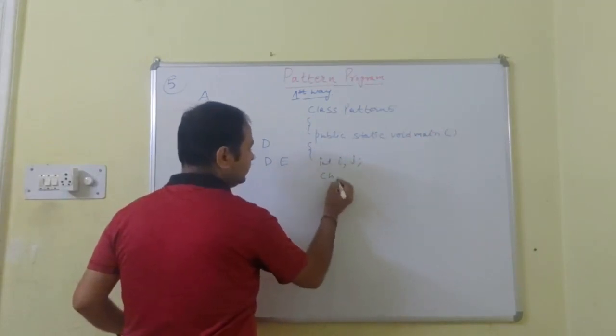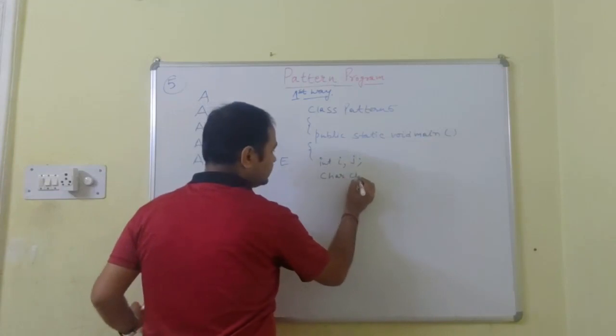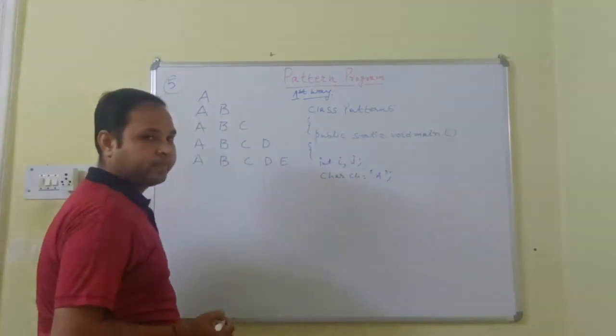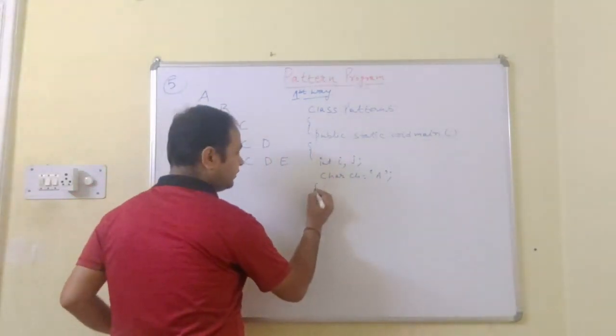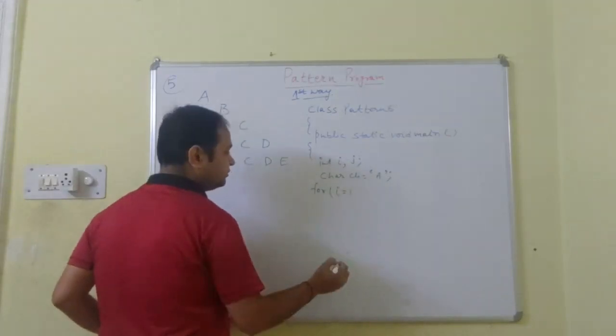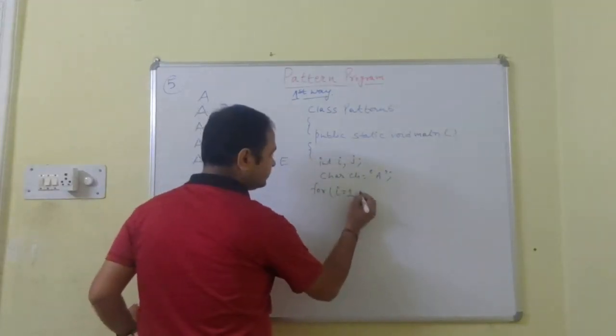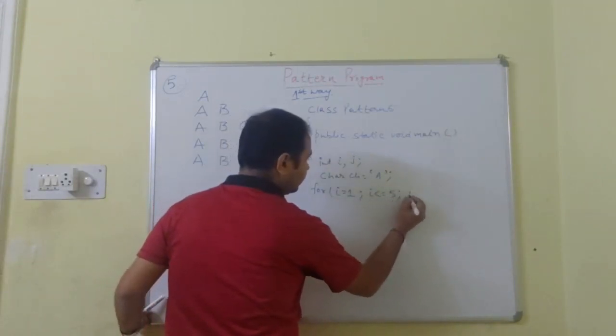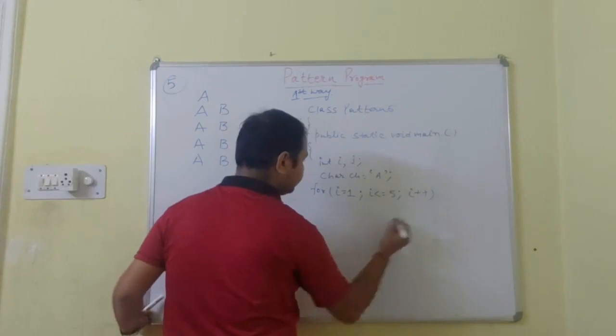We take a character variable char ch is equal to a. Okay. Then we write for i equals to 1, i less than or equal to 5, i plus plus.